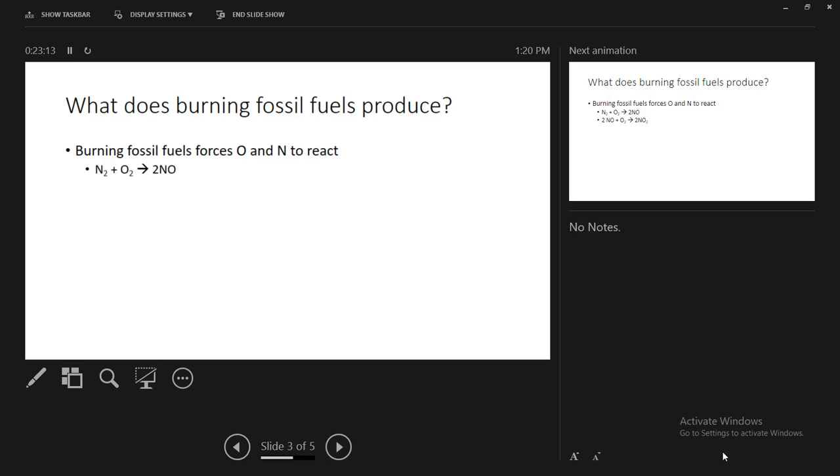This nitrogen oxide is highly reactive and pretty much immediately reacts with more oxygen. So these two nitrogen monoxide molecules react with more oxygen to produce two molecules of nitrogen dioxide, another nitrogen oxide.